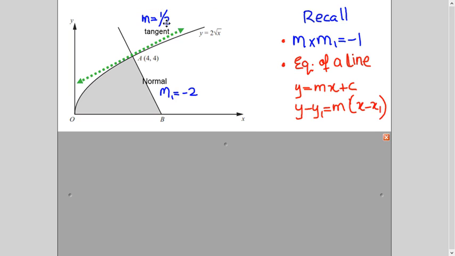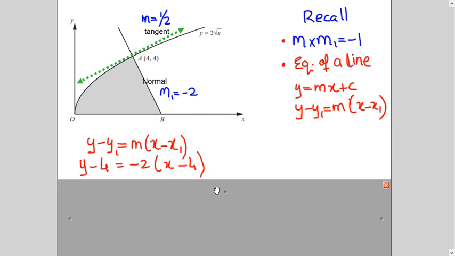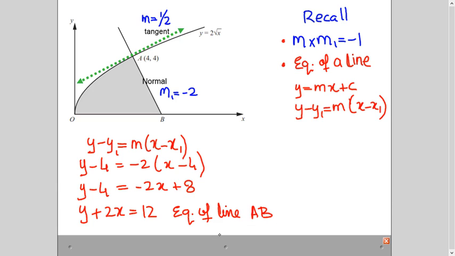If I write half, I will get the equation of the tangent. So the only difference is this gradient. Whatever gradient you substitute, you will get the equation of that line. Now I am substituting the point and the gradient, and simplifying, and it gives me the form y plus 2x equals 12. So this will be the equation of the line. This is how we find the equation of the normal.